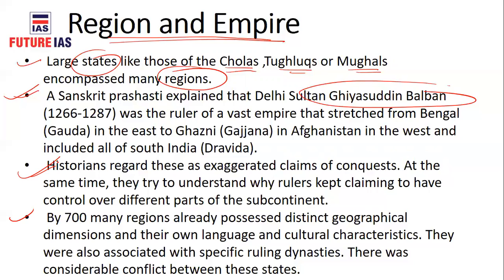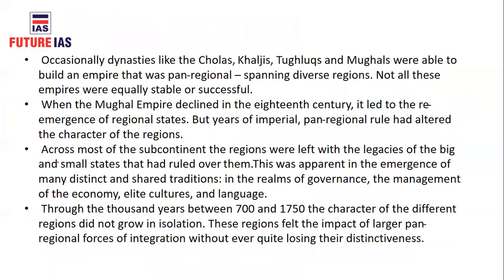Because of this evolution of dynasties, a continuous fight or conflict started between the states. So when regions possess different geographical dimensions, different languages, different cultural characteristics, and have set up dynasties, obviously there would be a greater chance of fight or conflict between those dynasties also. And occasionally these dynasties, which were related to Khilji, Tughlaqs, Mughals, Cholas, right?